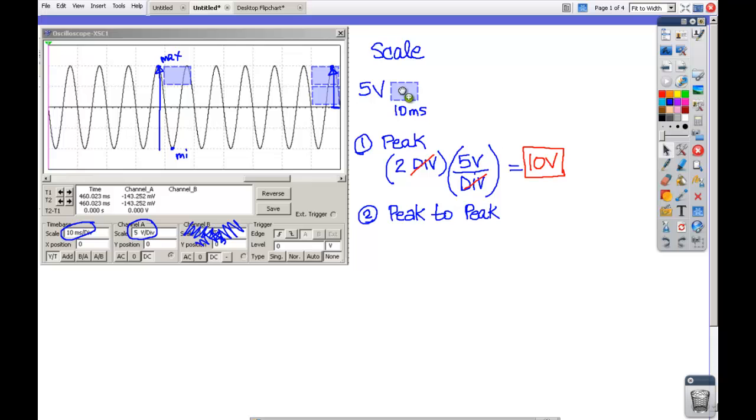So that's 1, 2, 3, 4. So from peak to peak, it's going to be 4 divisions.